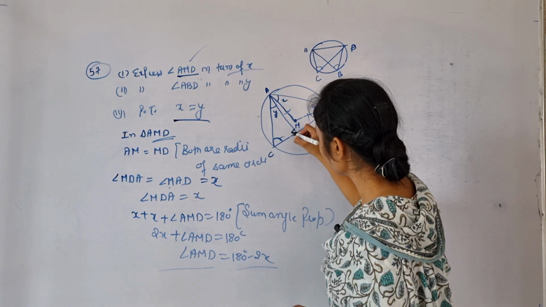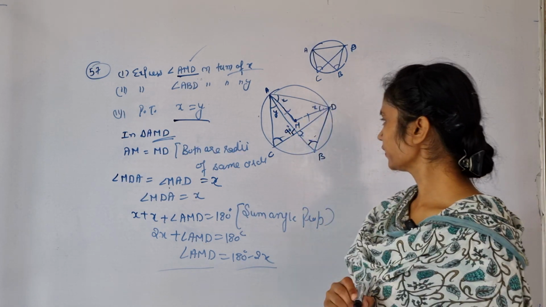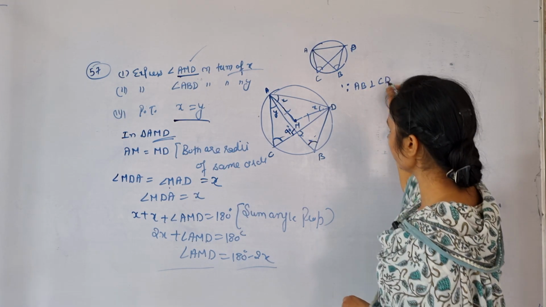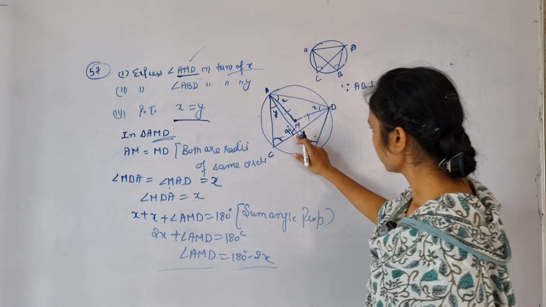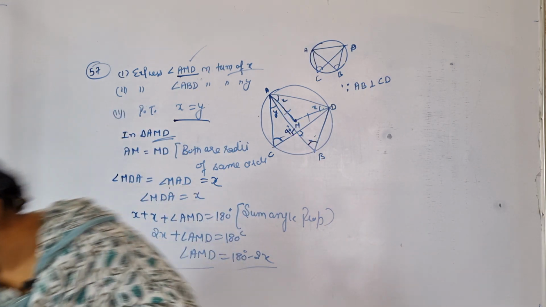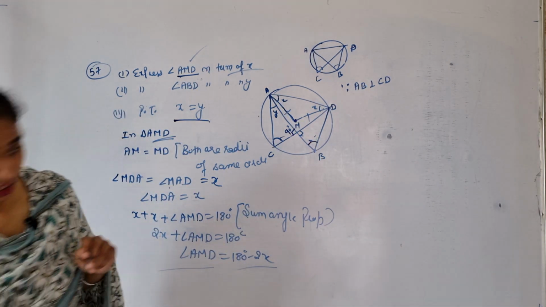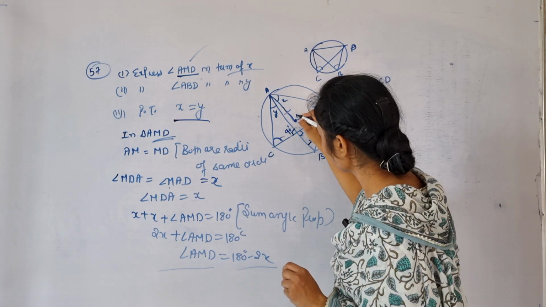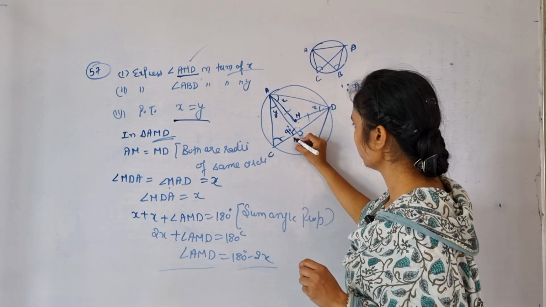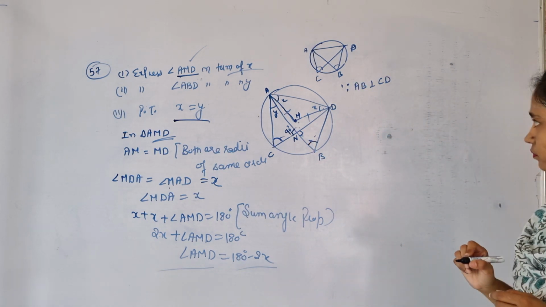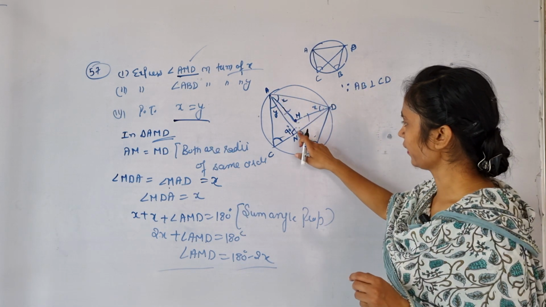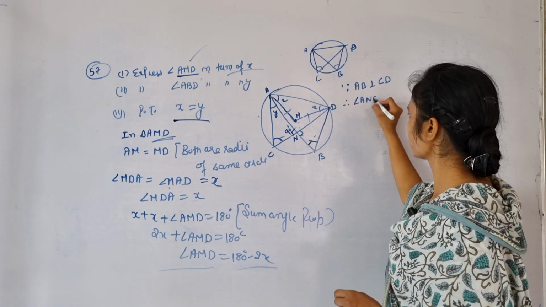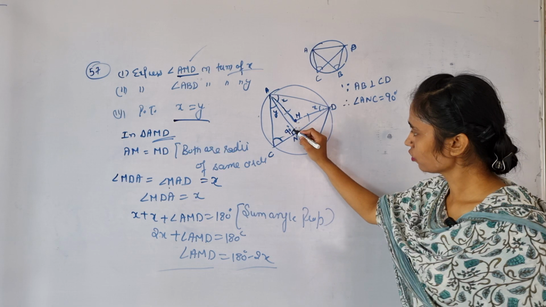we know that this angle will be 90 degrees, because AB is perpendicular to CD. Suppose this point, they have not mentioned in the book. They have given this angle M. Suppose this point is N. Then angle ANC will be 90 degrees.